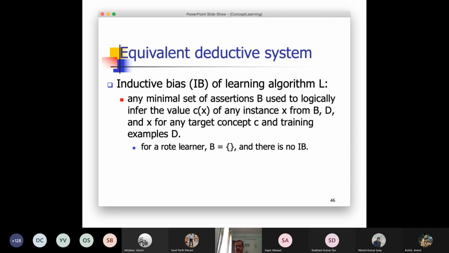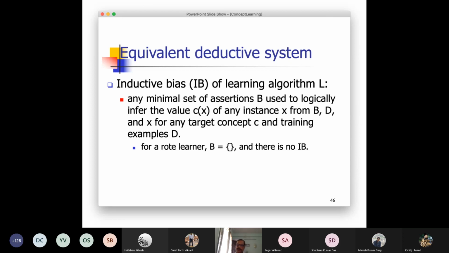Or the form of the hypothesis would be like this. That is also an assumption. So it's a minimal set of assertions B used to logically infer the value of the target function for any instance, where B is that set of assertions, D is a set of training examples, and for any instance, that instance is X, right?